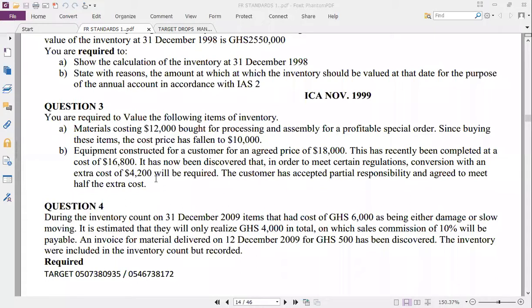So equipment constructed for a customer for an agreed price of what? Thousand. So $18,000. So that 18,000 becomes what? Is it the cost price or the selling price? At agreed price. Agreed selling price. So the 18,000 is the selling price. If we are preparing something for someone at an agreed price, what will be the value of that one?